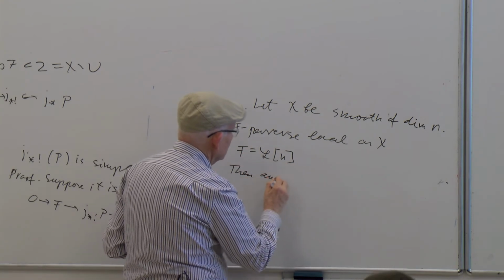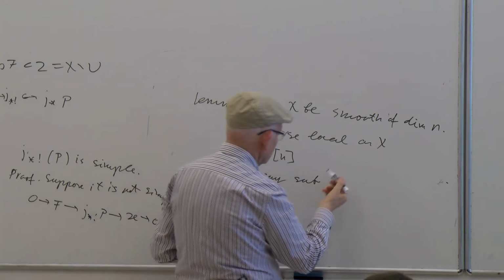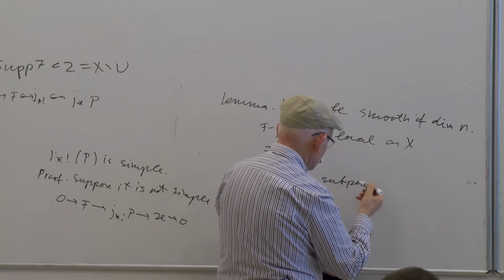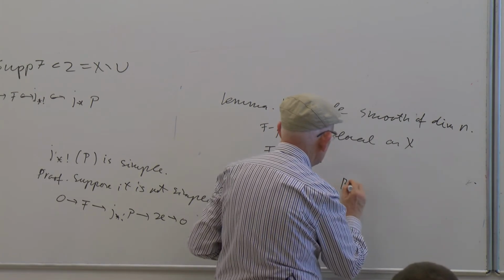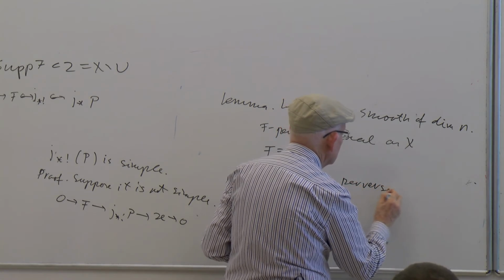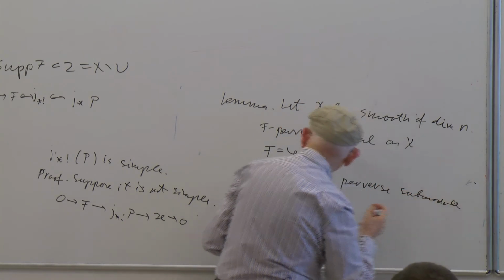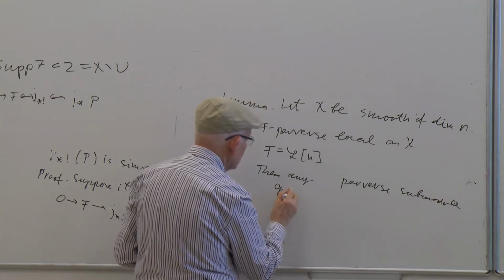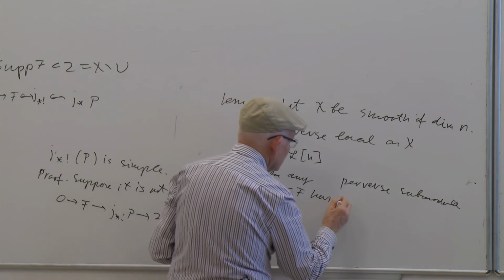Then any perverse submodule G in F has the same shape.